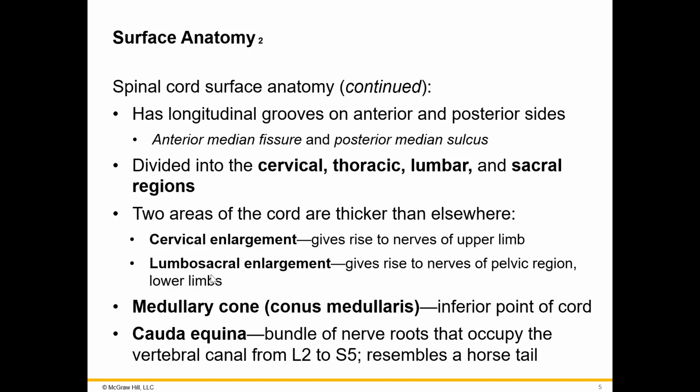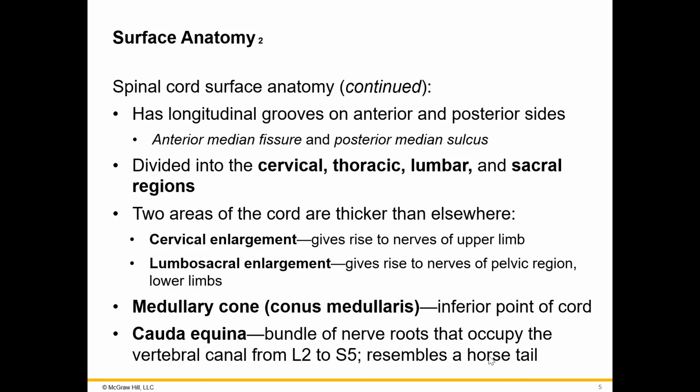There's a medullary cone, called the conus medullaris. It is the inferior point of your spinal cord, where it ends. And then there is the horse tail, what's known as the cauda equina. The cauda equina is a bundle of nerve roots that occupy the vertebral canal from lumbar vertebra 2 to sacral 5, and these resemble a horse tail.